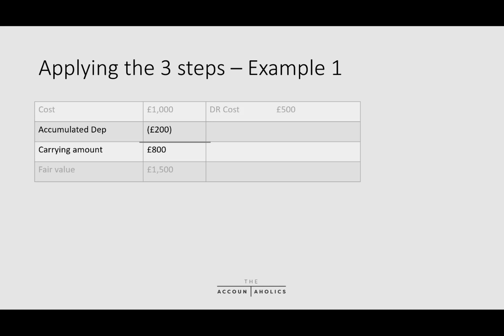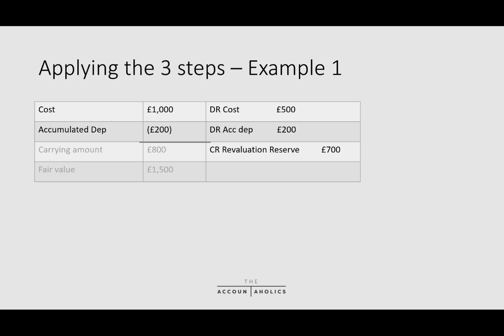The next thing we want to do is strip out all of the accumulated depreciation associated with the asset. So we're going to debit accumulated depreciation by 200. Bear in mind, accumulated depreciation is normally a credit entry. So to remove it, we're going to be debiting. The third thing we do is we post that revaluation gain or loss.